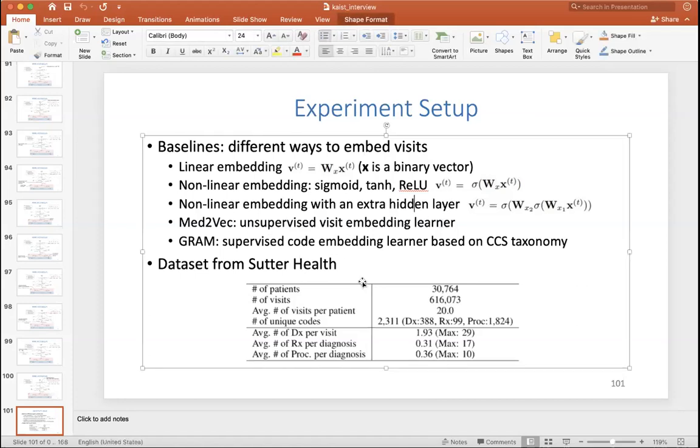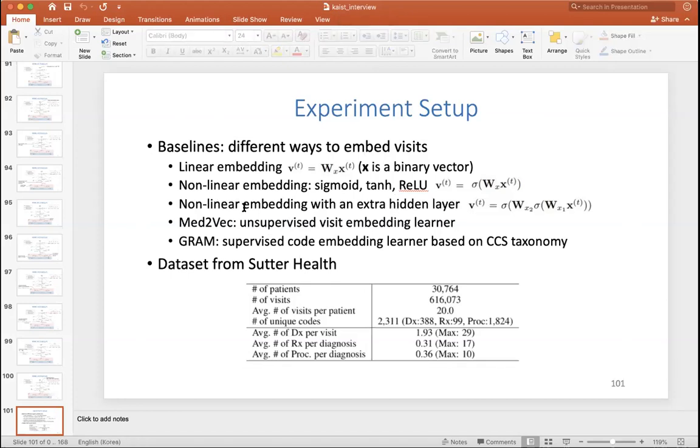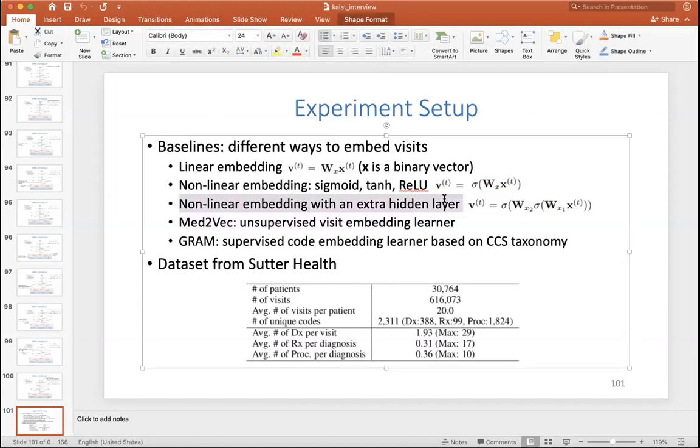Theoretically speaking, if you add more hidden layers on top of the nonlinear embedding, it is powerful enough to capture all kinds of set information. So theoretically this should be as powerful as the model that I'm proposing, MIME, because it is as expressive as MIME.